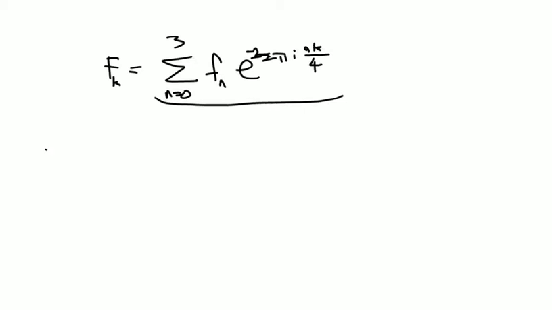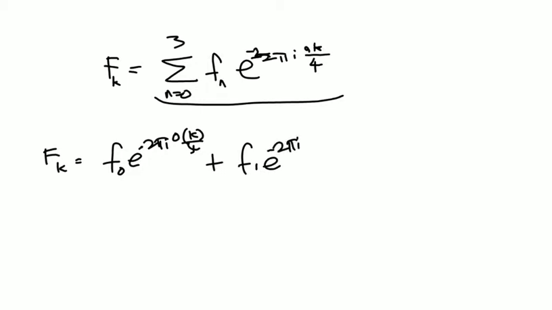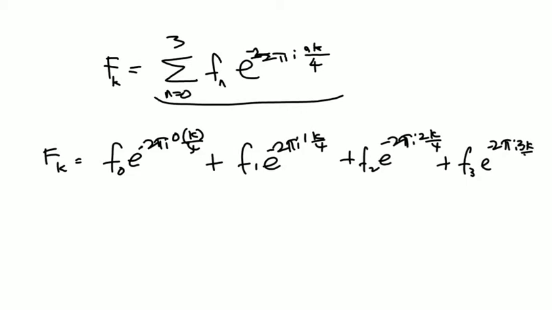We have fk is equals to f0 e to the minus 2 pi I 0 k over 4, plus f1 e to the minus 2 pi I 1 k over 4, plus f2 e to the minus 2 pi I 2k over 4, and finally f3 e to the minus 2 pi I 3k over 4. Now what if we split this nicely in this manner?